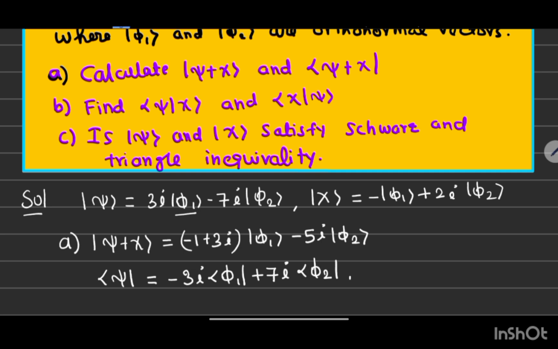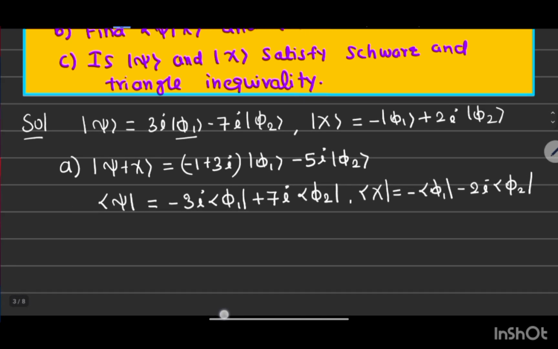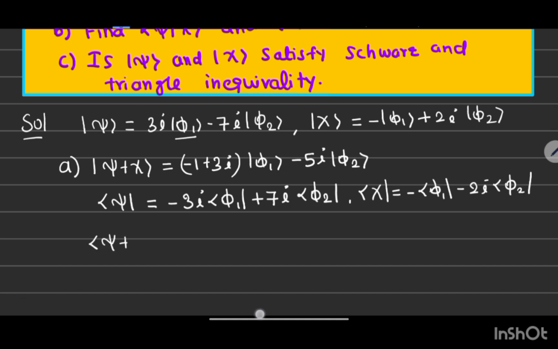Okay, here the ket chi will become minus phi 1 minus 2i times phi 2. Okay, now we can add them to find the addition of these two vectors in the bra space.